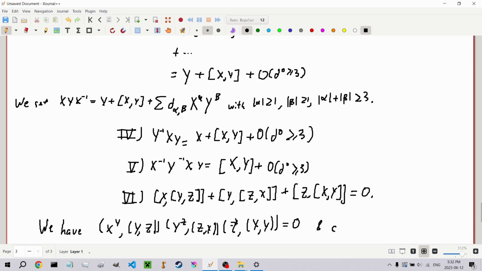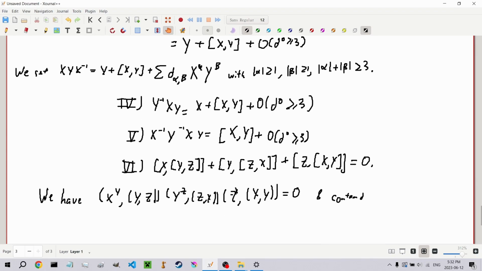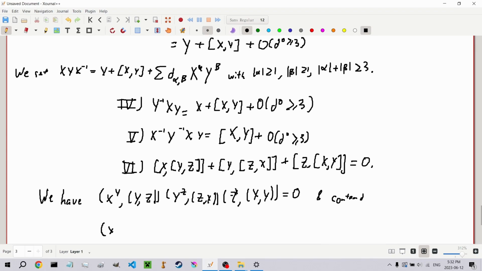And we contend that x to the y, y, z is actually the bracket of x on y and z plus higher order stuff, this time of degree at least 4, with this holding also true for the other two cases by symmetry, you can substitute them in.